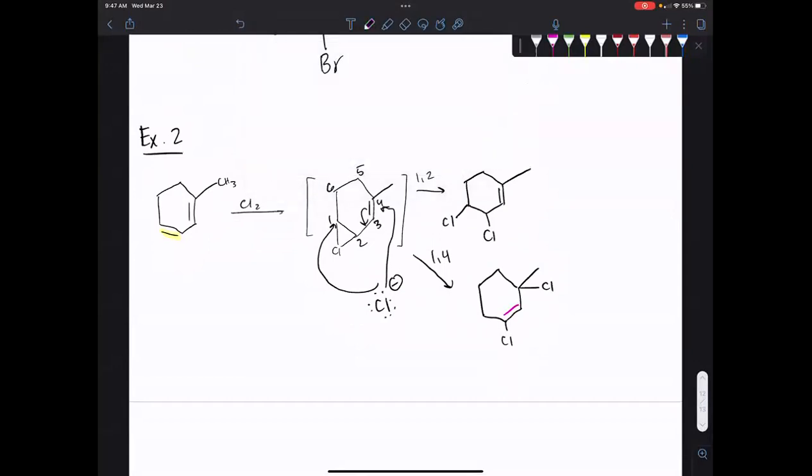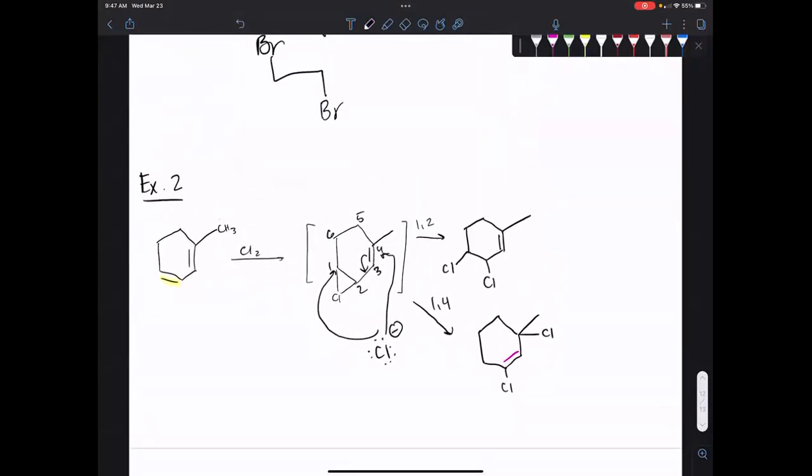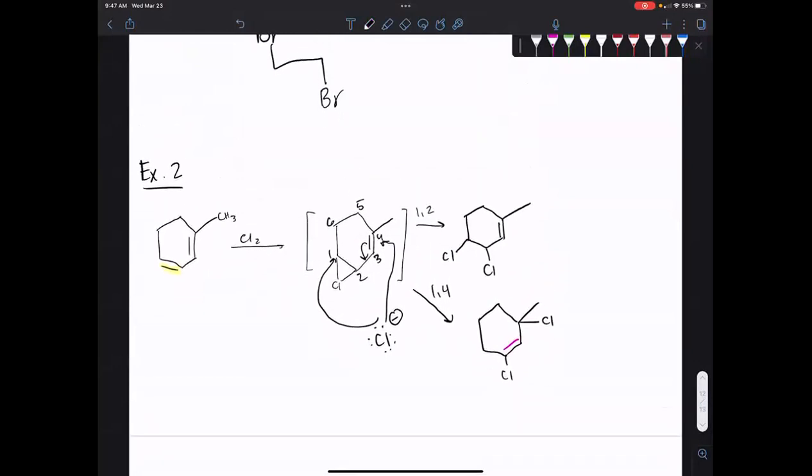No, my problem is that for your 1-2 product, you have 1-2, right? But you're attacking at 1. You should attack at the allylic site. Fortunately, the product itself is right, but the arrow and the mechanism should have been going from chlorine to carbon 2.